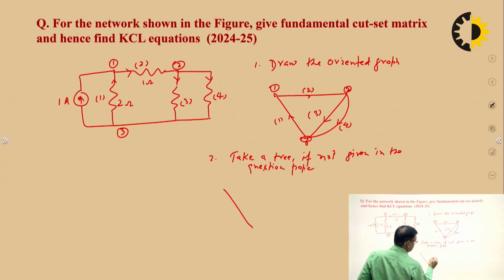So this is your tree. This is 1 and this is your 3. So the remaining branches are links. So it is your 2 and it is your 4.